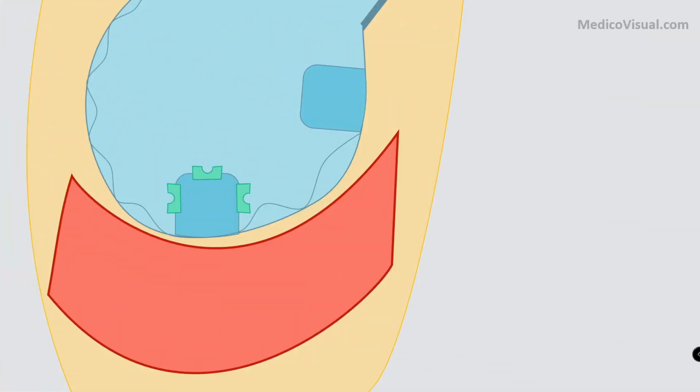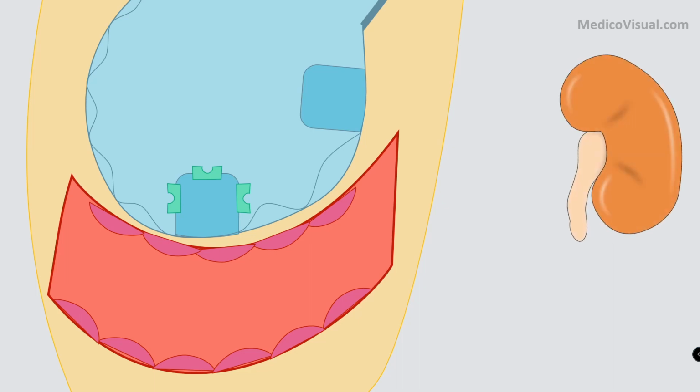Here I would like to highlight another aspect of the pathogenesis of this disease. Here is the kidney. When the systemic blood pressure is low, the kidney will release a special protein called renin from its JG cells.